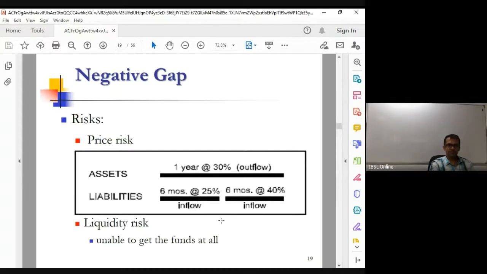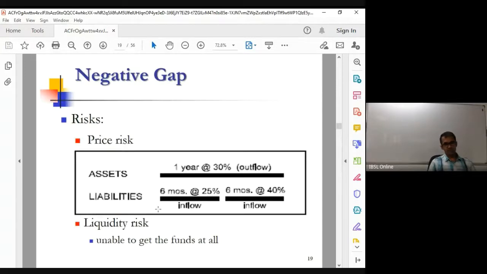That is your intention, but it may not be possible when you need funds. So having a negative gap, you face two risks, price risk and liquidity risk, and it is too risky.